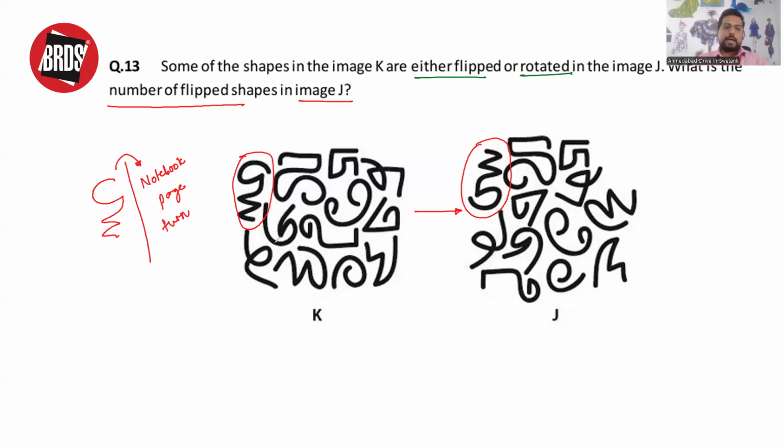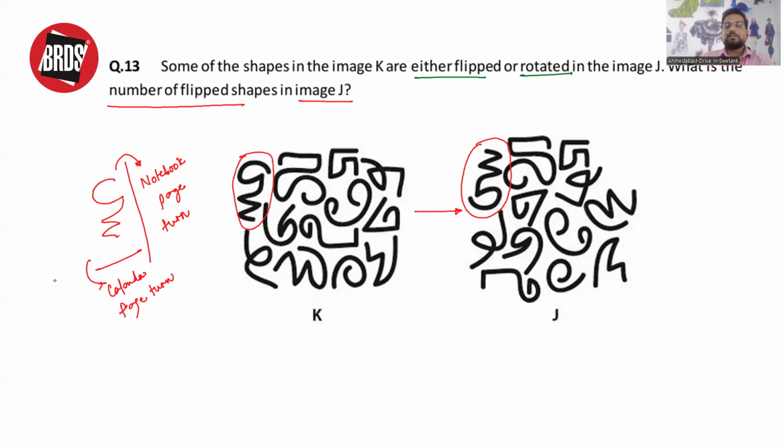Clear? And if it has been flipped like this, it is similar to the calendar page turn. So if it is like this, just flip it like this one. So you will get the answer for this particular second one, whether it is flipped or not. So you will find out that it is not flipped. It is just a rotated one.